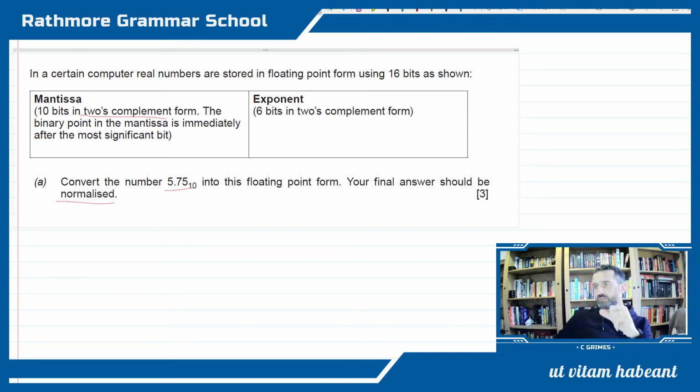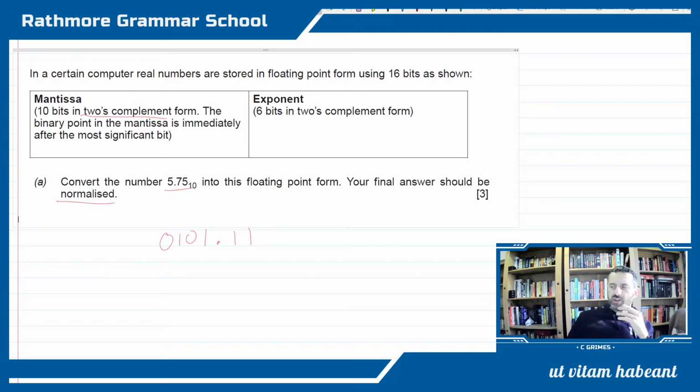So the first step, stage 1, is convert 5.75 into binary, and we've got 101. And we know that the decimal for .75 is 0.11, a half and a quarter. But we're not in 2's complement form. We need a positive number.